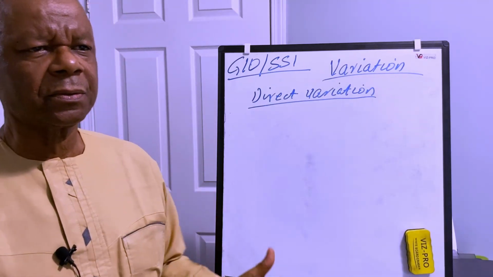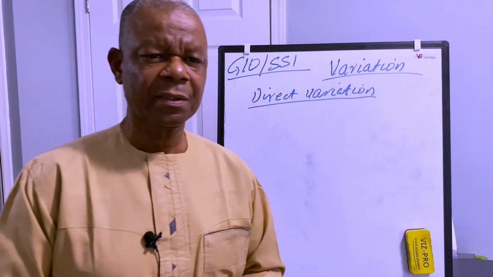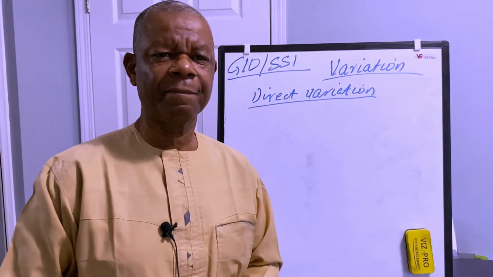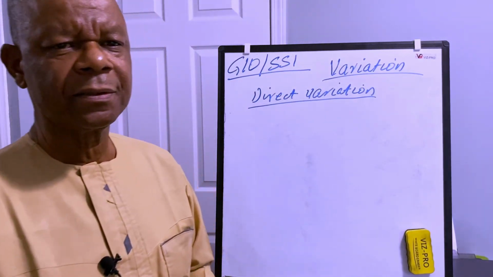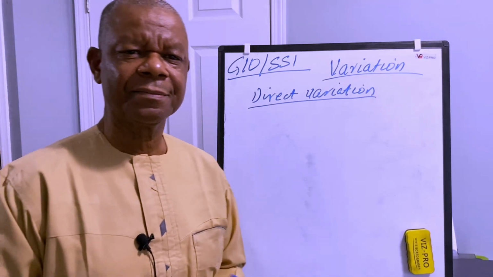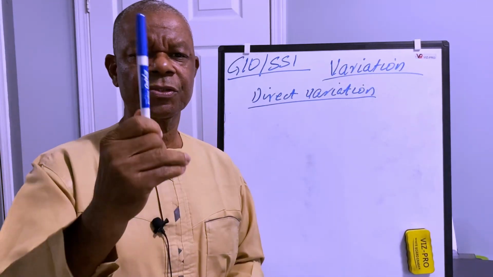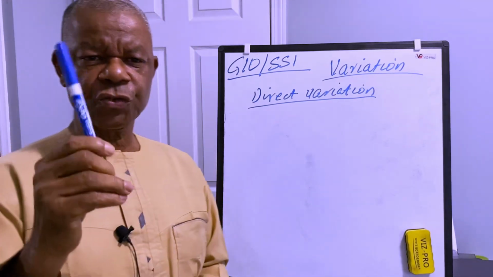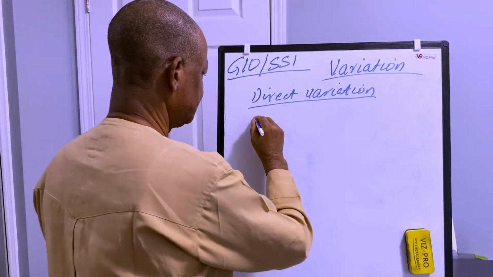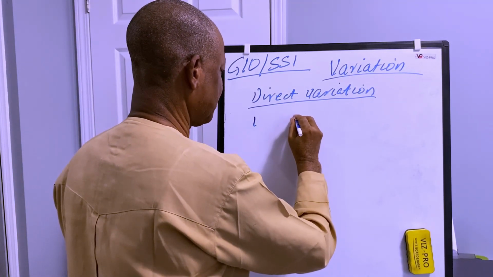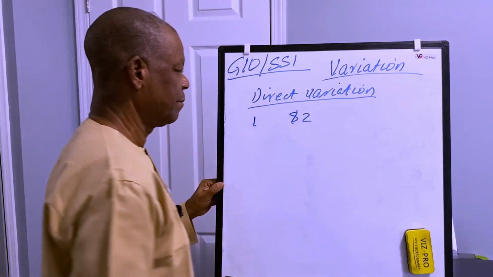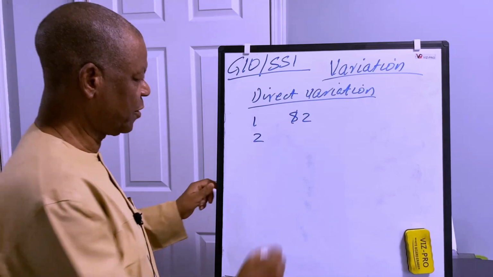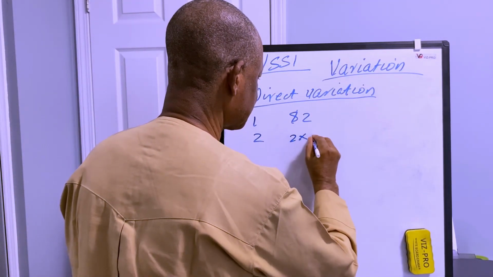For example, you are buying an item. Let's say you are buying a particular writing pen, and each one is 100 naira, or it is $2. If one is $2, one will give you $2. When it increases to 2, of course, this will be 2 times $2.